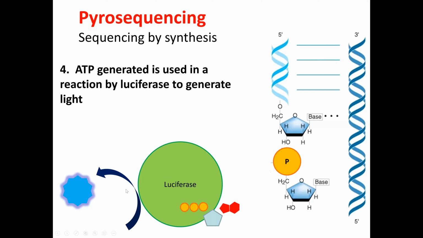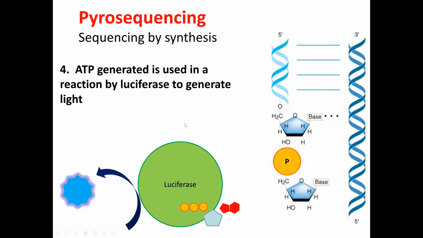And we have a computer that will take a picture of that before we wash all of the extra away. So basically what we're looking for is light. Okay, so why is this high throughput? We've got the mechanics of this down, but how does this become high throughput?